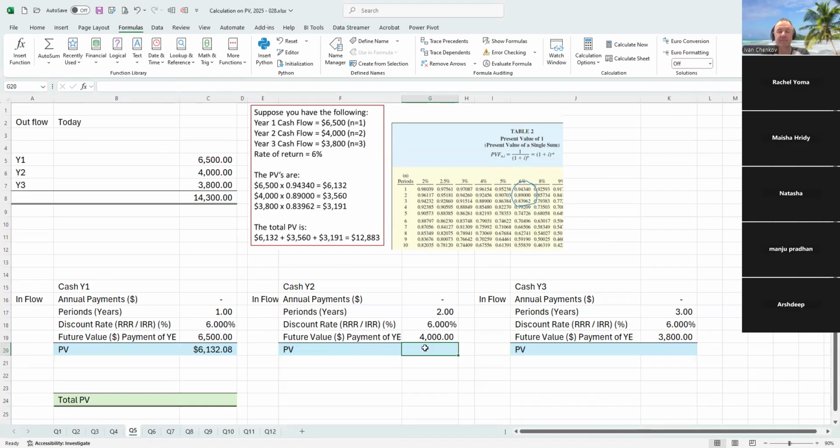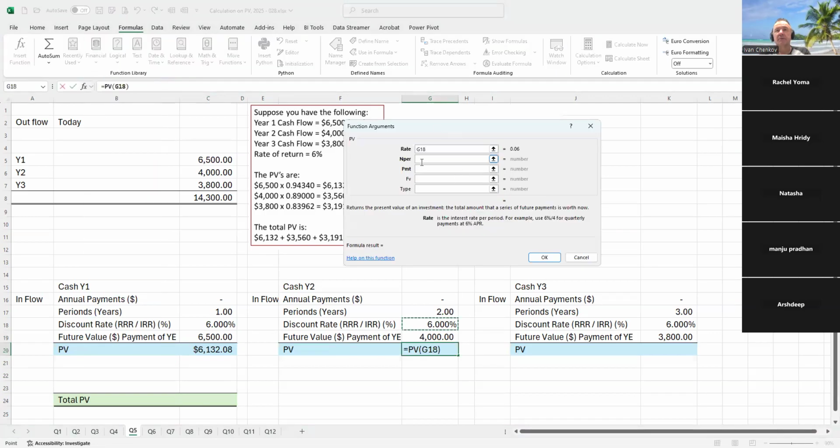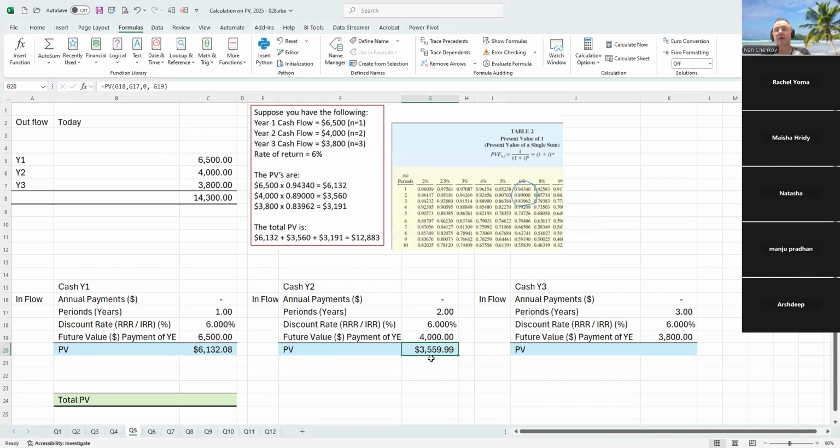That will again be financial, present value. Rate is 6%, number of periods now is 2, payment is 0, and future value is negative 4,000. Those 4,000 after 2 years are worth today 3,559.99.